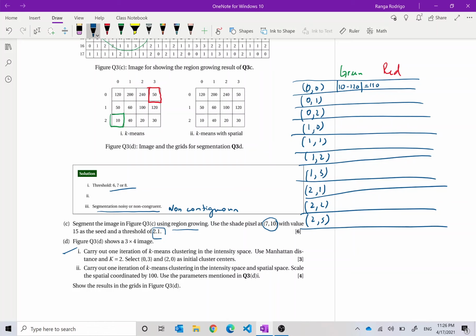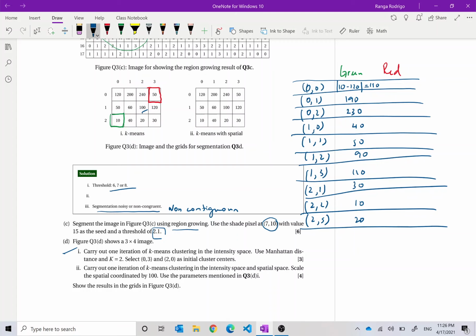For 0,1, 190. For 0,2, 230. For 1,0, 40. For 1,1, 50, for 1,2, 90, for 1,3, 110, for 2,1, 30, for 2,2, 10, for 2,3, 20.